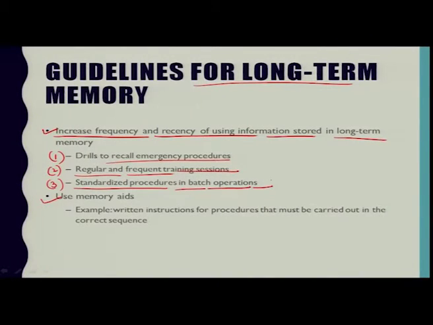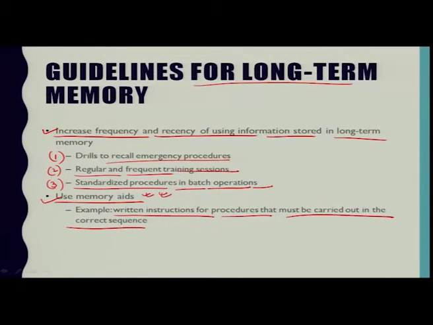The second kind of guideline for long term memory is using memory aids. For tasks that are performed infrequently, or where it is important that steps in the task are carried out in the correct order and that none be omitted, we will use a set of written instructions for the procedures that must be carried out in correct sequence.